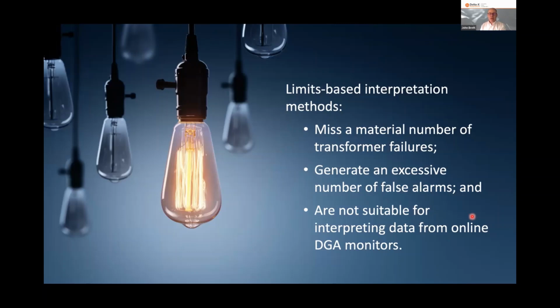The feedback we get is that there's still an excessive number of false alarms being generated, and it is well recognized that they are not suitable for interpreting data from online DGA monitors. So all that great information, how do we get the most out of it?